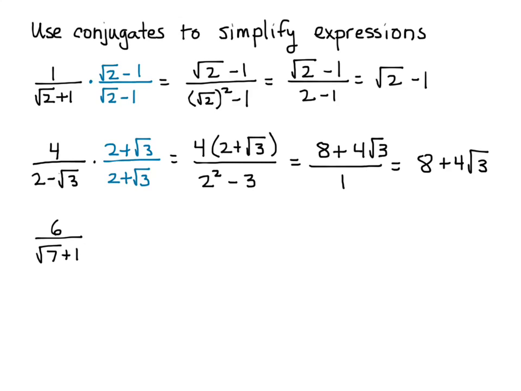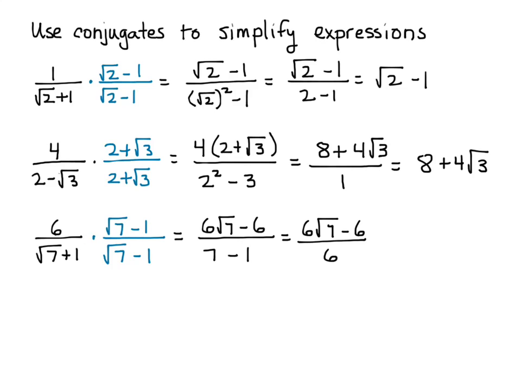All right, so let's look at another one. What's the conjugate there? Yes, square root of 7 minus 1. Okay, so we're going to multiply that. And when we multiply it out, we get 6 square root of 7 minus 6 over 7 minus 1, so 6 square root of 7 minus 6 over 6.